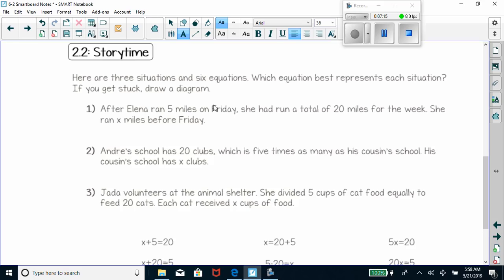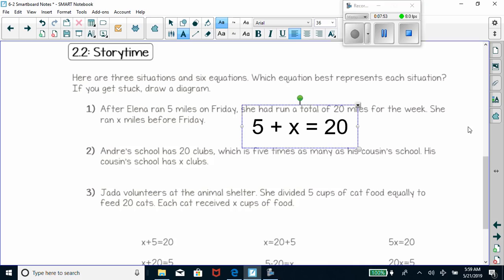So let's look at the first one. After Elena ran 5 miles on Friday, she had run a total of 20 miles for the week. She ran X miles before Friday. So she runs 5 miles on Friday. Before Friday, she ran X miles, and altogether she runs 20 miles. So I think she ran 5 miles on Friday, and before Friday she had run X number of miles, and the total of the two is 20.